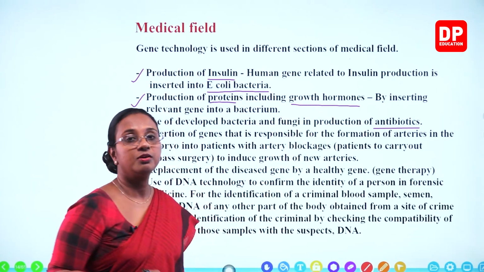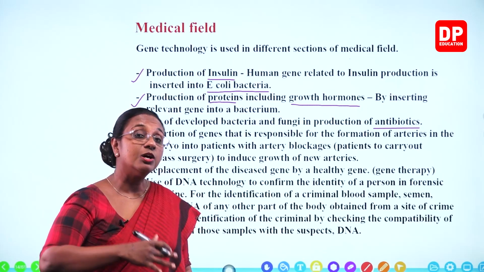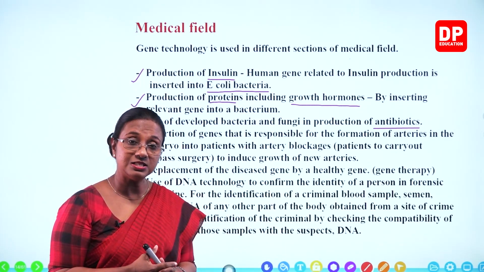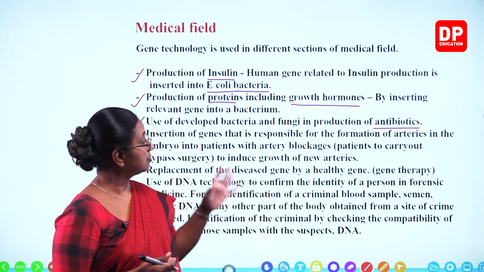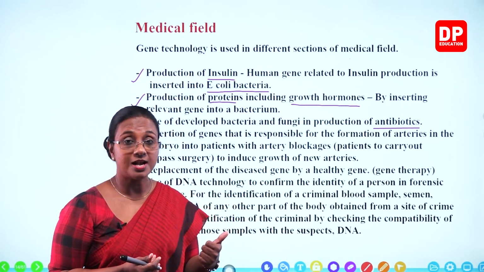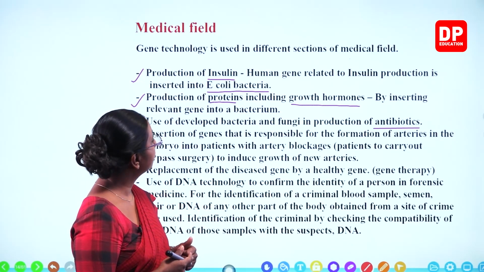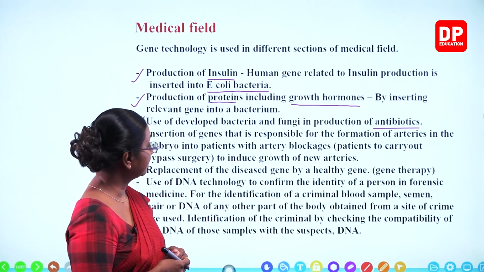Growth hormones are needed for the growth of a person, especially the growth that occurs in your younger age up to the adolescence age. So within that period, a child grows. For that, the growth hormone should be there in the body of a child. So to produce growth hormones or proteins, you can use this genetically modified bacteria.